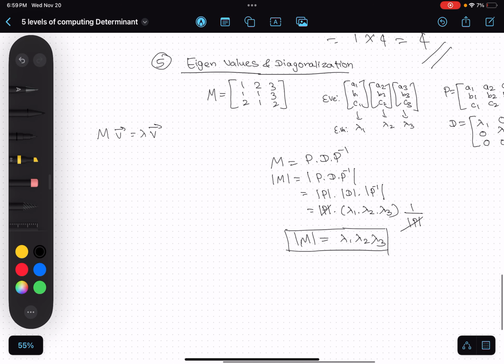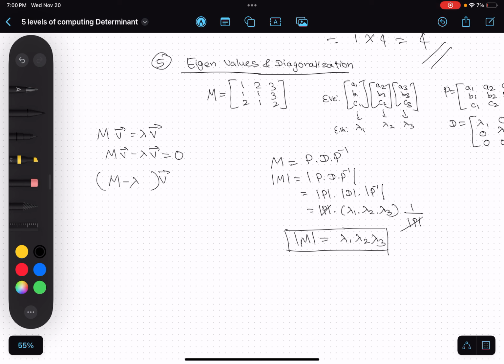Now using this definition, we will try to find lambda, right? So we'll manipulate this in some ways. I can take this to the other side and let that be zero. Now I can take B common, and if I do that, over here I will have M minus lambda, right?